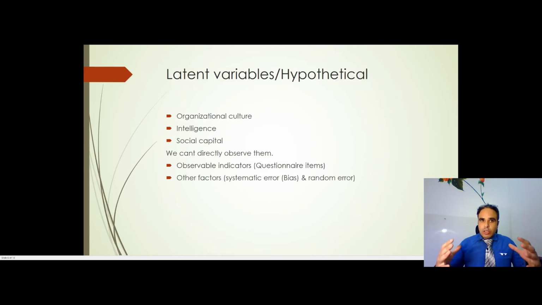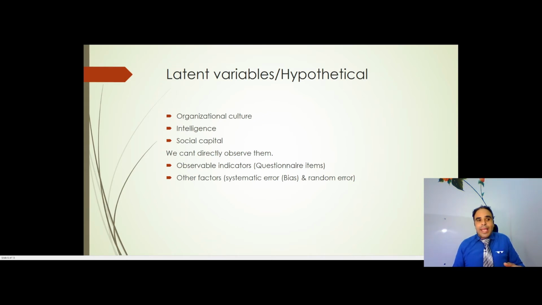Latent variables or hypothetical variables, it's important to understand what those are. Organizational culture is one, intelligence is one, social capital is one. A latent variable is an abstract concept. It cannot be measured. We can't have a criterion that measures it directly.